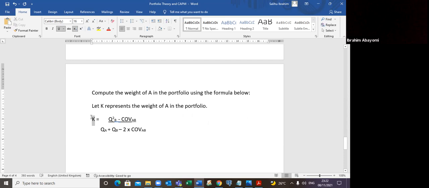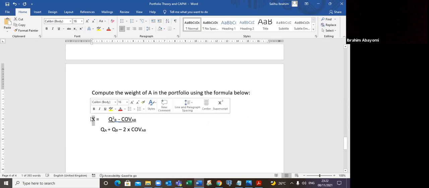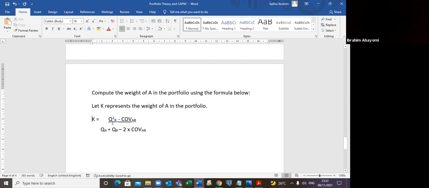This K represents weight of A. So weight of A will be equal to variance of B minus covariance AB over standard deviation of A plus standard deviation of B minus 2 times covariance AB. That is the formula you will need to use.